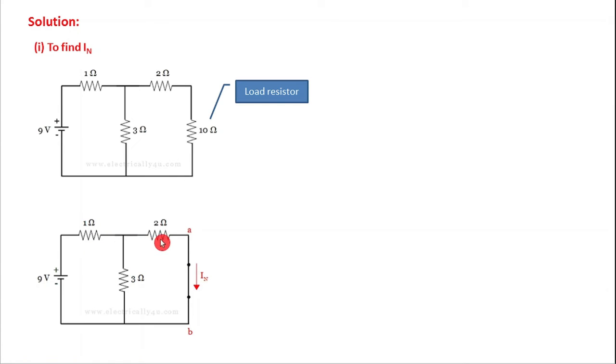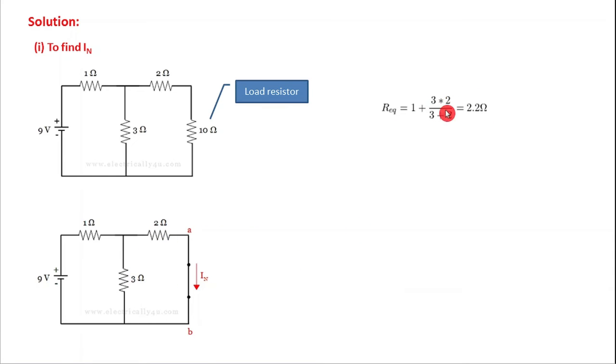So here to find out the equivalent resistance, again if you observe the circuit, this 2 and 3 ohm are in parallel, and this parallel combination is connected in series with this 1 ohm resistor. So the equivalent resistance can be easily obtained like this, that is 1 plus, and this 2 ohm and 3 ohm are in parallel.